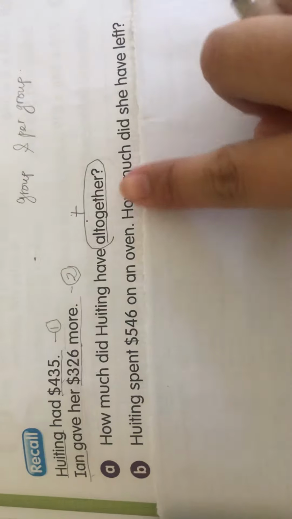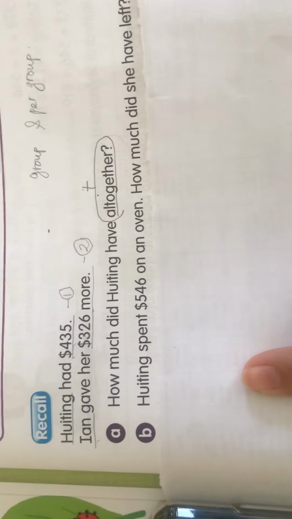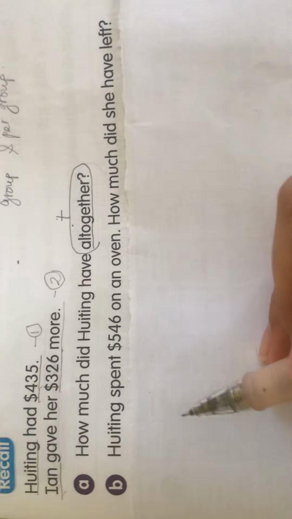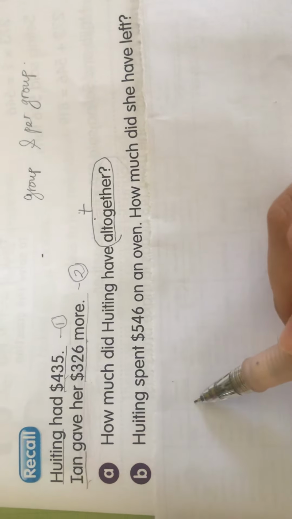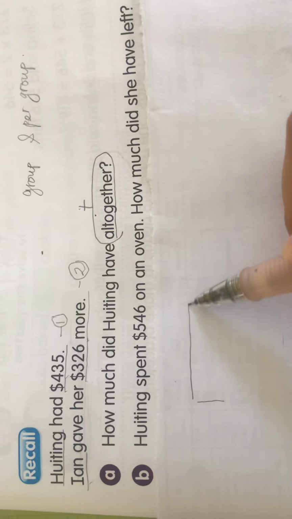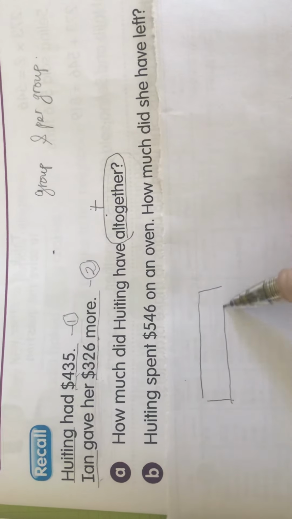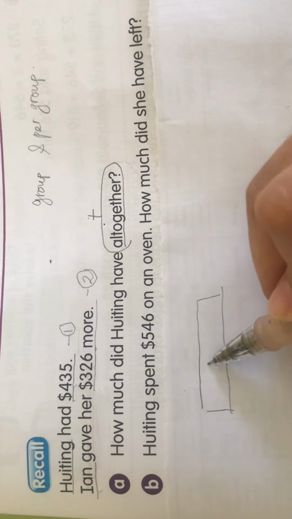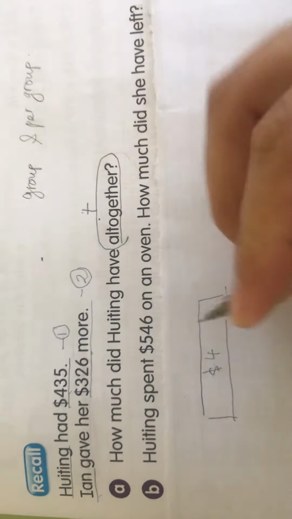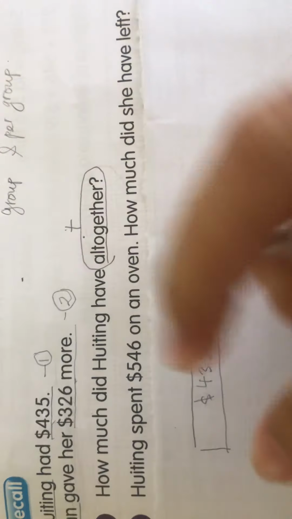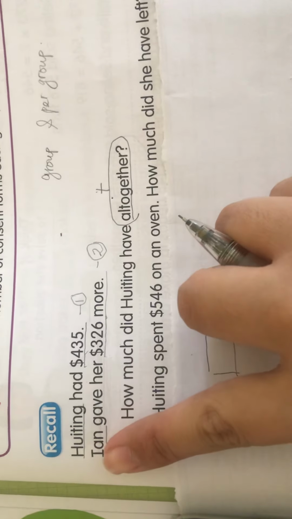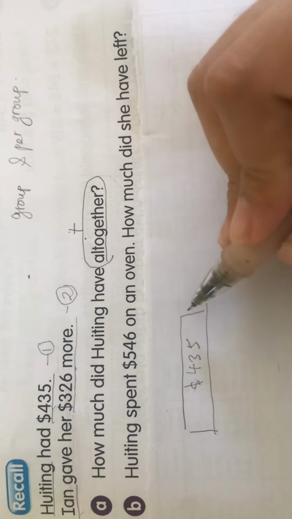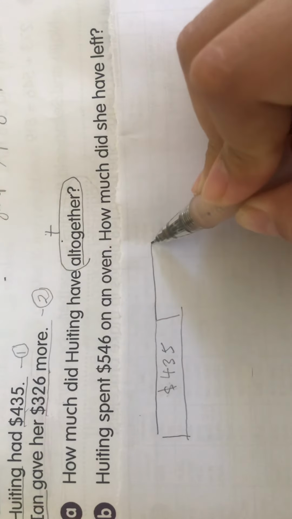After that, you can start to draw. Altogether, that means plus. So how are you going to draw the bar model? Hui Ting at first has $435, and Ian gave her another $326, a bit shorter.